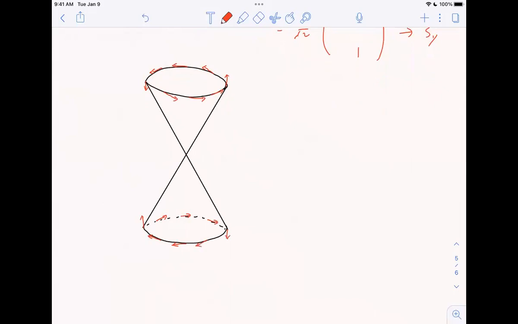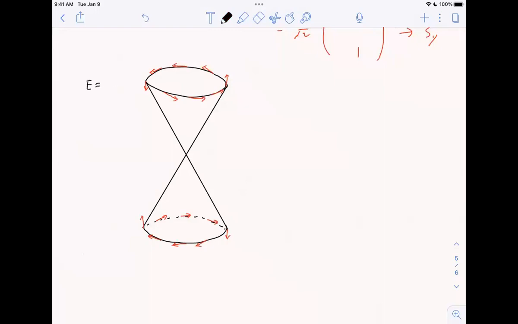Okay, you get the idea, right? On the top part, the spin is rotating this way. On the bottom part, it is rotating in another way. Actually, this spin texture is very beautiful. On the top part, the spin is rotating like this. On the bottom part, it is rotating like that. So this is plus energy.